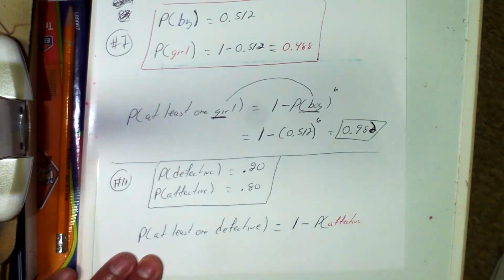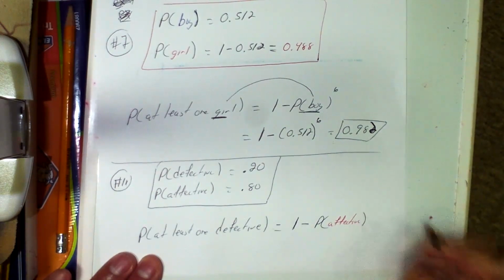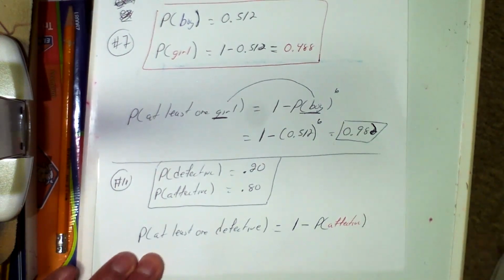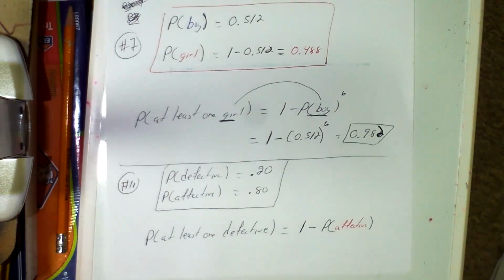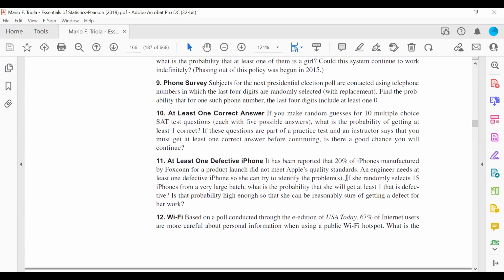I believe it said 15. 15 represented the number of trials. Let's see, where was this? Yes, there it is: if she randomly selects 15 iPhones from a very large batch. So that's going to be your N.